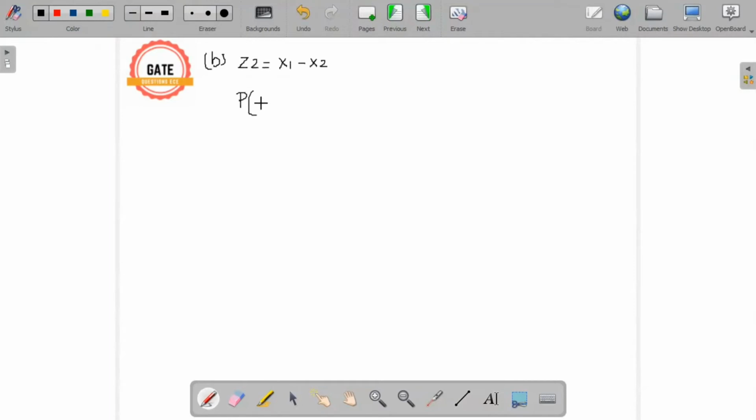I'm going to write the probability of x1 in terms of a sequence. It is 1 by 3, 1 by 3, and 1 by 3, where the arrow represents 0. The values are 0 here, -1 here, and plus 1 here. These are the values of x1.